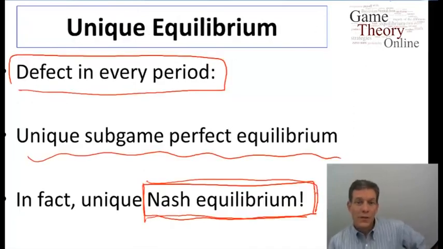So a couple of things to say about this. Actually, when you put people in the lab and have them play repeated prisoner's dilemmas for 25 periods, you will find people defecting often in the last period. So indeed, things will unravel at the end. But you will see also people tend to cooperate for some number of periods at the beginning of the game.